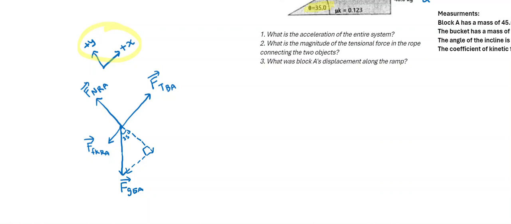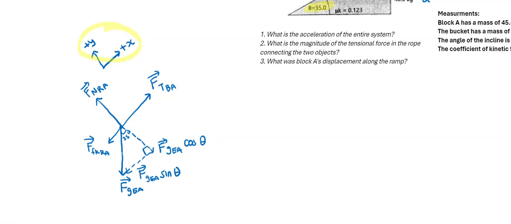So, let's look at the y direction first. It's adjacent and hypotenuse, so that tells us we're going to use cosine. So in the y direction, it's going to be mg cos theta. And since sine is opposite over hypotenuse, the x direction is going to be mg sine theta. Okay, and there we go.